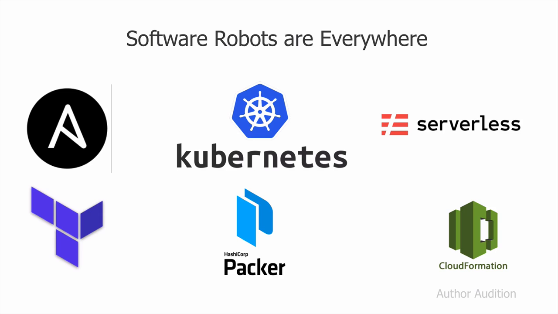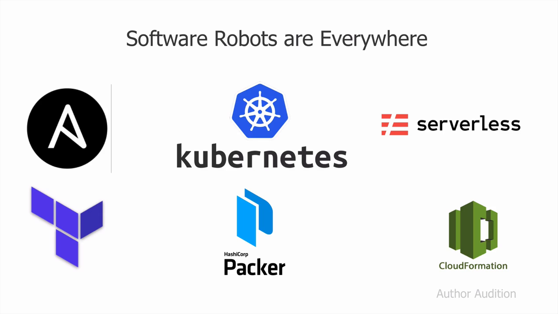For instance, if I do serverless, I would deploy an application to a serverless environment and make it ready for serverless deployments. Or if I use Kubernetes, I would use container orchestration, deploy containers, manage the container lifecycle very, very easily. Or CloudFormation or Terraform, whatever. They allow you to define a specification and run that specification to perform certain tasks. So that's where software robots come in. So this is not a new concept. This is just a concept that's being applied a little differently for security.